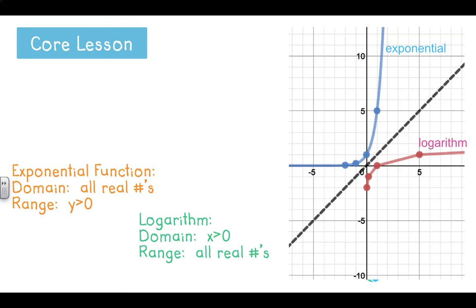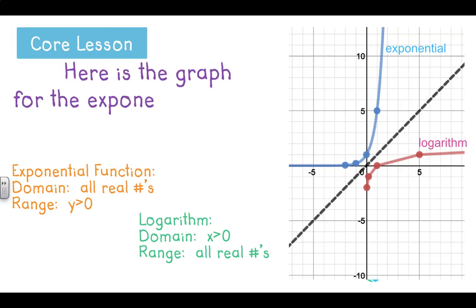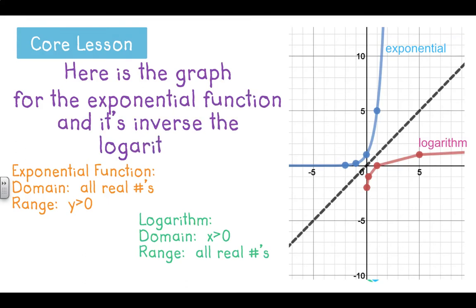And so when we put both these graphs on the same graph, the exponential function and its inverse, the logarithm, notice that you can see where there's that reflection over the line y equals x, and the domain and the ranges switch, which makes sense. If you're going to switch your x and y's to get the logarithm, or to get the inverse, the domain and the range should also switch.